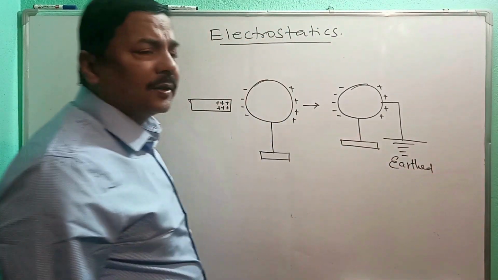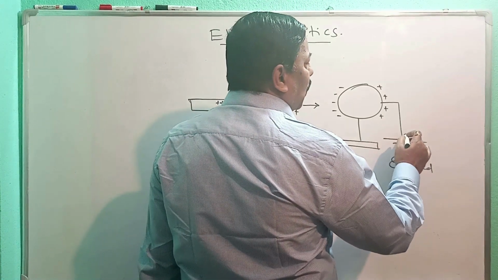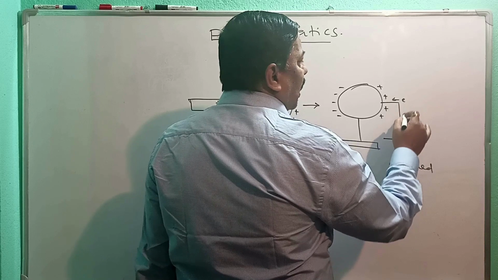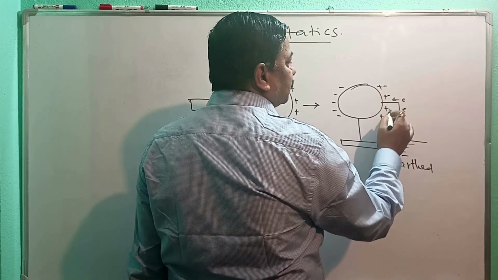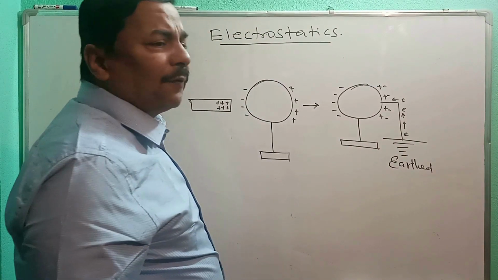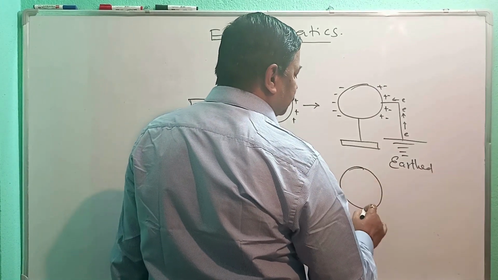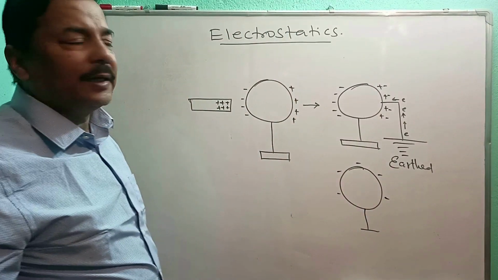When this is earthed, electrons will go and it will neutralize. So what is our final result? Our final result is that the body is negatively charged.